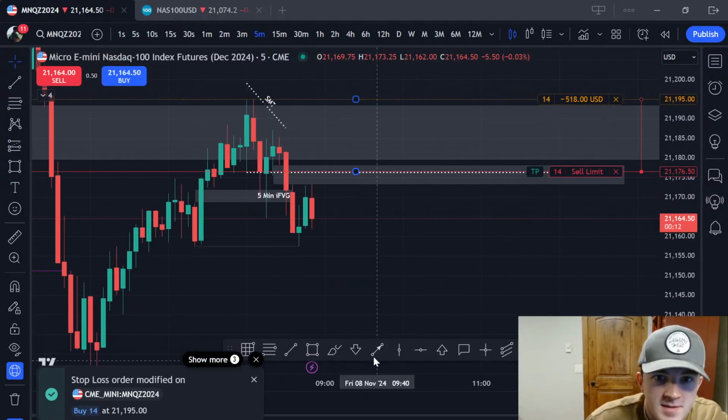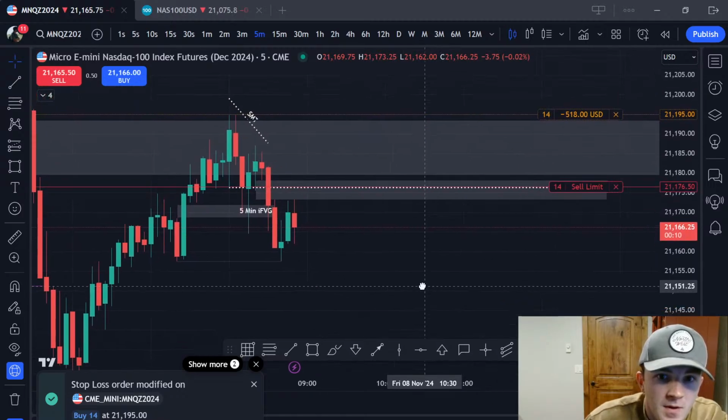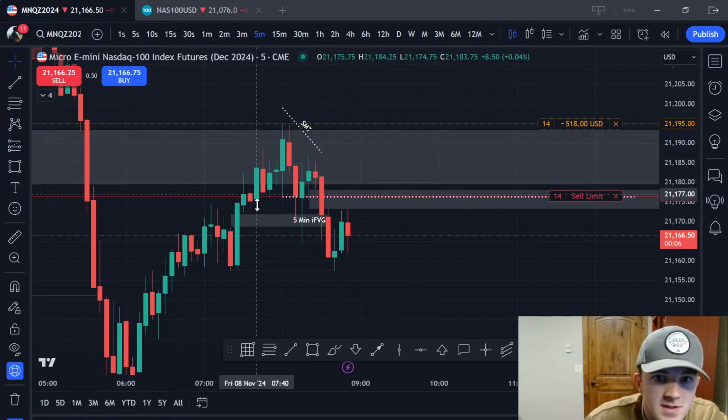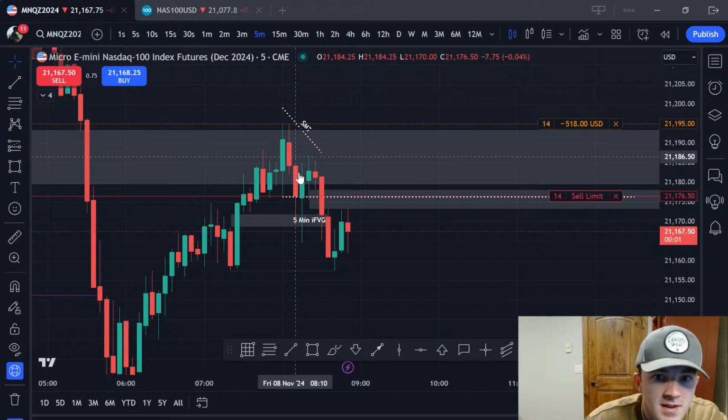Trying out the CISD model. And also, this is a breaker entry. See? A high, a low, a higher high, a lower low.